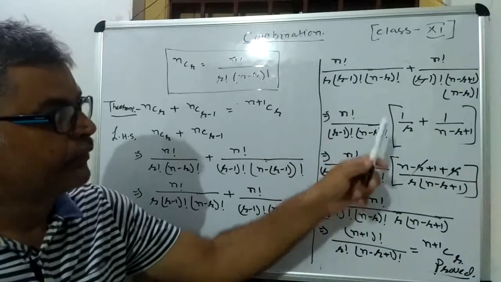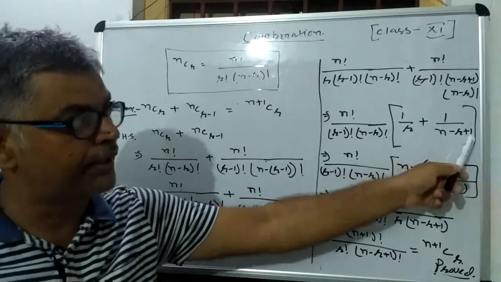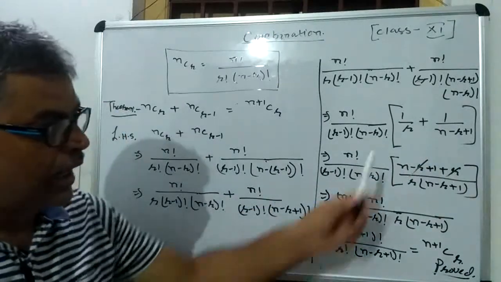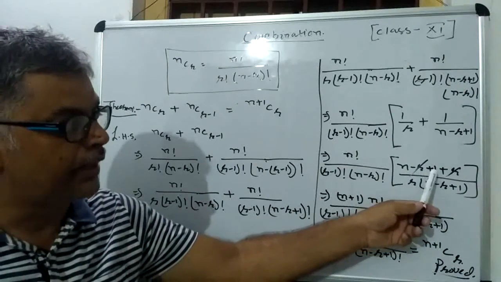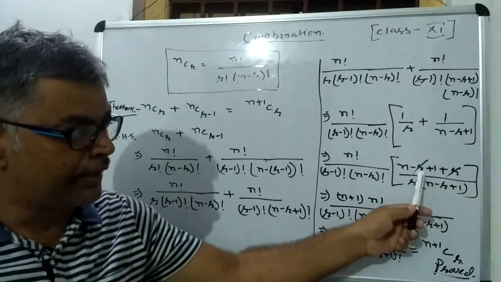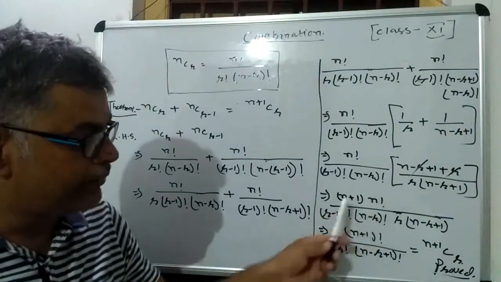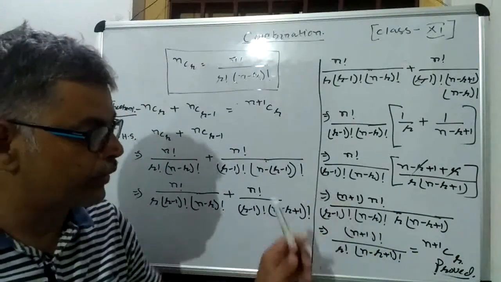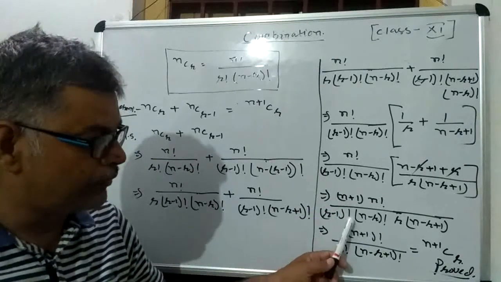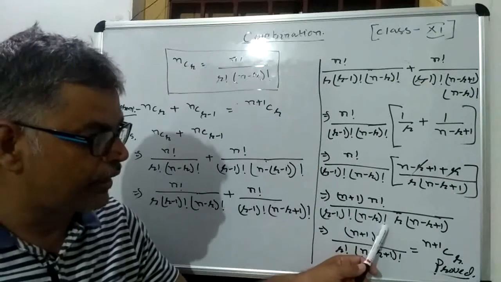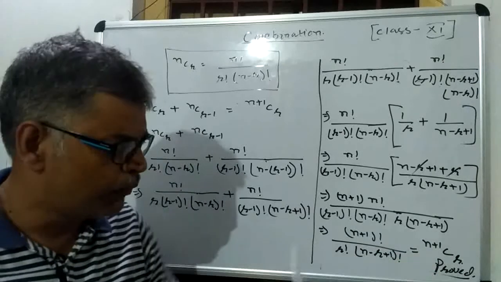So we have 1 by r plus 1 by n minus r plus 1, and taking LCM and adding, we have n minus r plus 1 plus r. This minus r plus r will get cancelled. So we have n plus 1 into factorial n, and in the denominator we have r minus 1 factorial into n minus r factorial into r into n minus r plus 1.